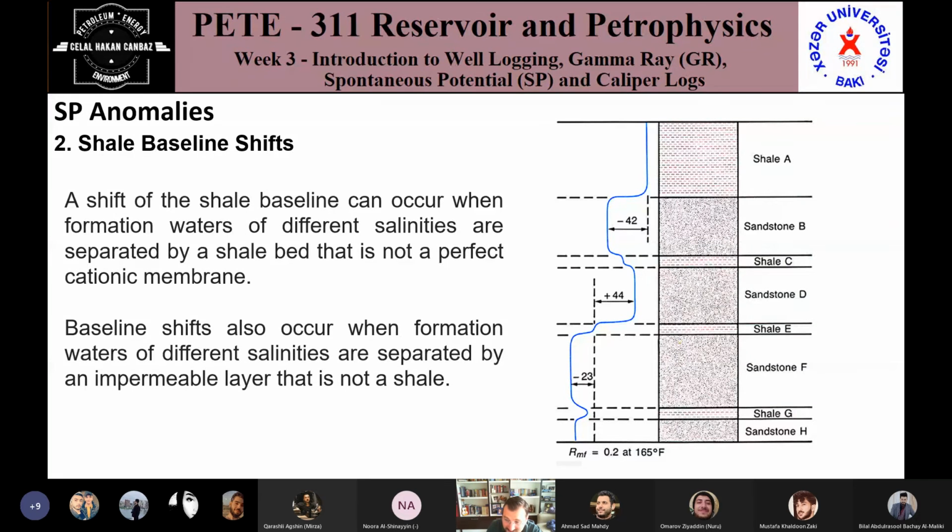But the deflections at the upper and lower shale boundaries are different and may even have different polarities as well. So normally, when you see an SP log like this, you have to understand each little variation to describe the shales. So tiny shale or evaporite structures can occur, and you have to describe all these changes.